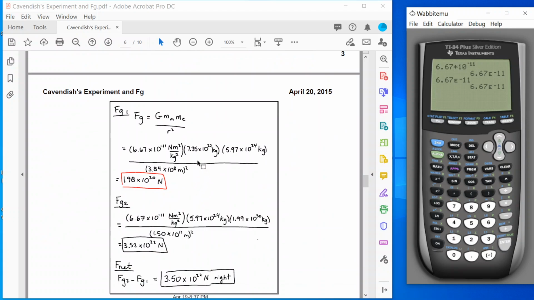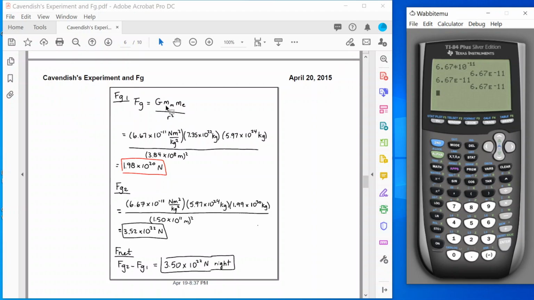So we're going to go ahead and calculate FG1, which is the force of the Moon pulling on the Earth. Because it involves the Moon and the Earth, you'll notice here I'm going to use the mass of the Moon, the mass of the Earth, and then this distance here will be the distance from the Moon to the Earth. So you'll notice there's a lot of scientific notation here, so we should be using the E button.